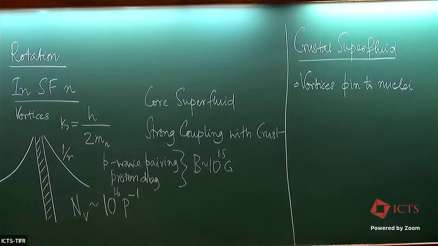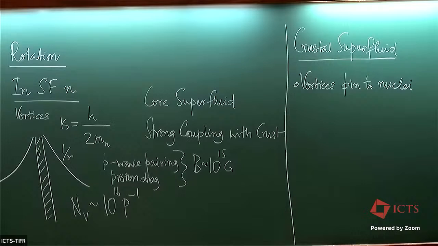But the background superfluid is rotating at a rate determined only by the number density of these vortices. So as the crust slows down, the rate of motion of these vortices reduces. So the vortices are now going around more slowly, but until the vortex density has been reduced, the superfluid continues to rotate at the old speed.